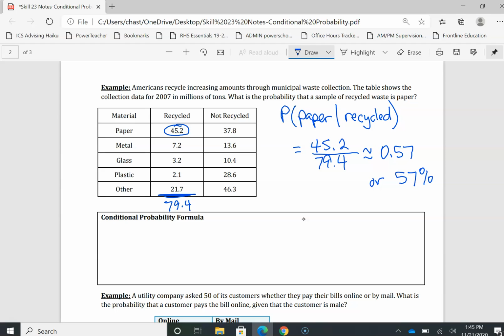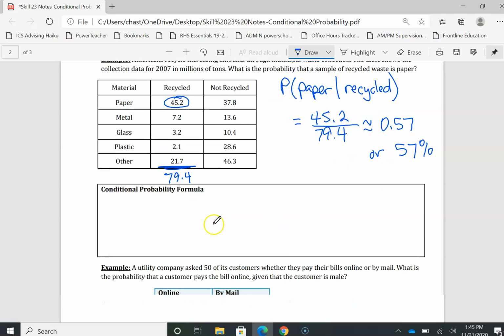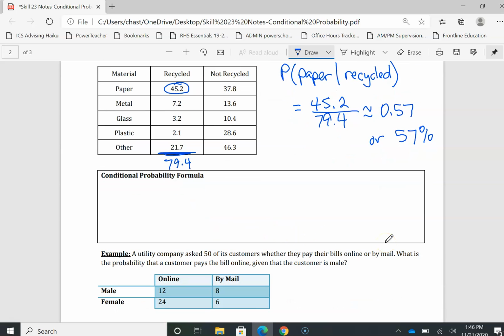Okay? All right, so there is a formula that we can use to find conditional probability for any two events, A and B, with the probability of A not being 0.